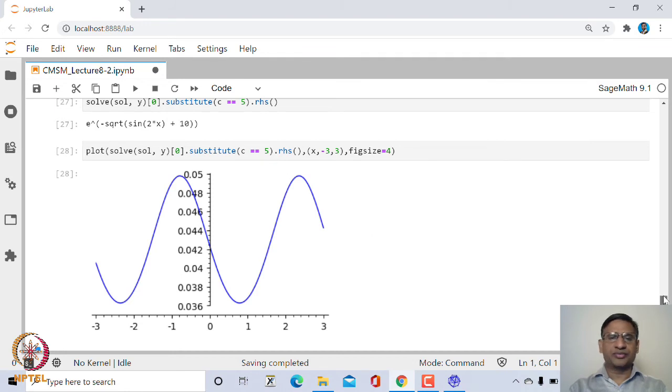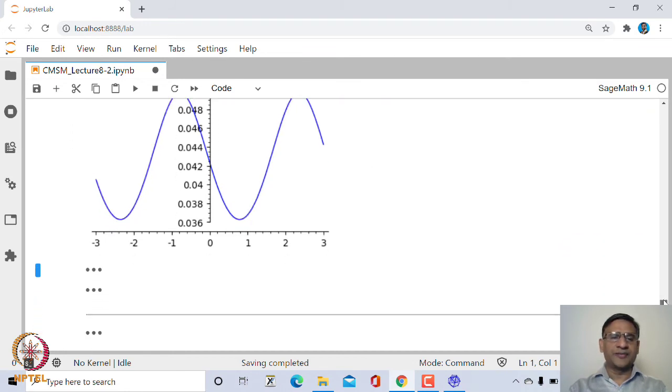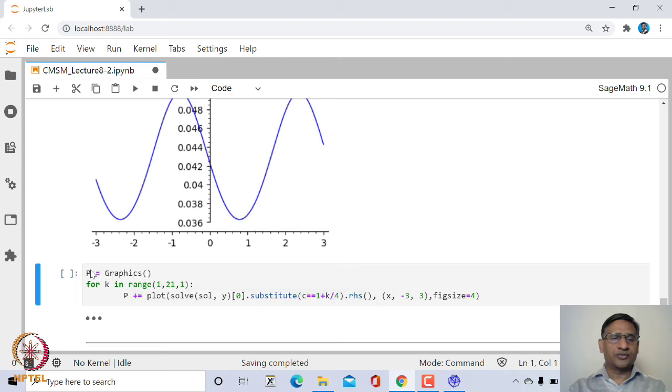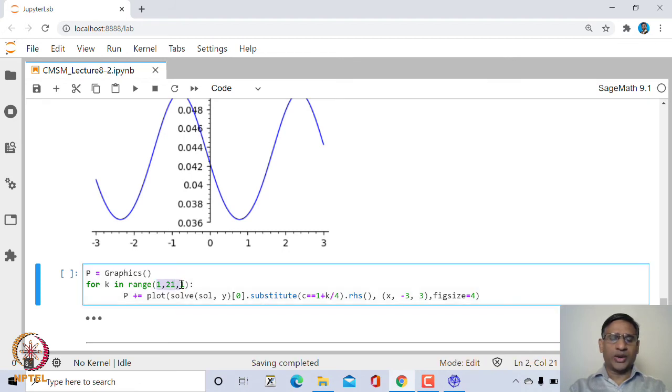But instead of just one C equal to 5, suppose you want to do it for multiple C values. So let us say you take C values between 1 and 5 with an equal step length, right.